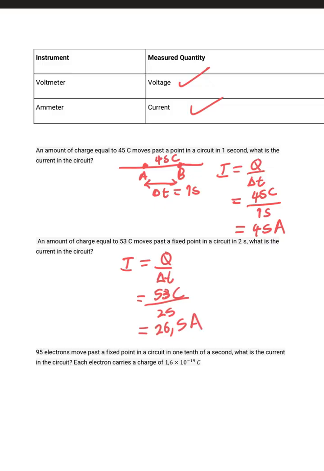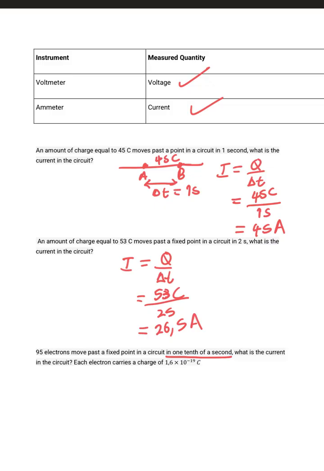And then we are told that 95 electrons move past a fixed point in a circuit in 1/10 of a second. What is the current in the circuit? Each electron carries a charge of 1.6 times 10 to the negative 19 coulombs.